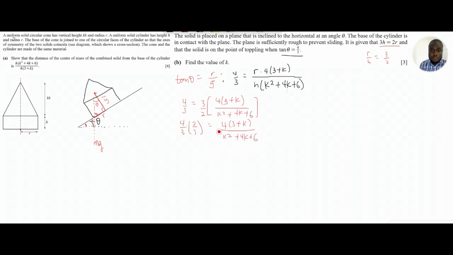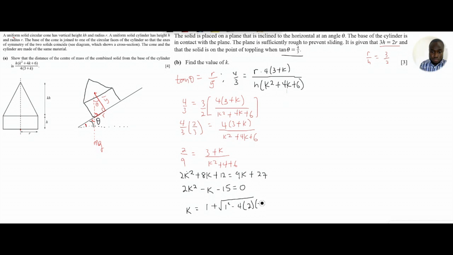This 4 can divide this 4, so on the left, all we have is, using the quadratic formula, k is equal to, now from what we've done, k would be either 3 or -5/2.